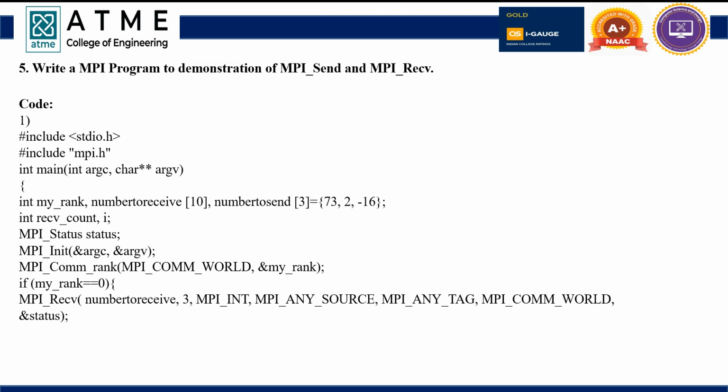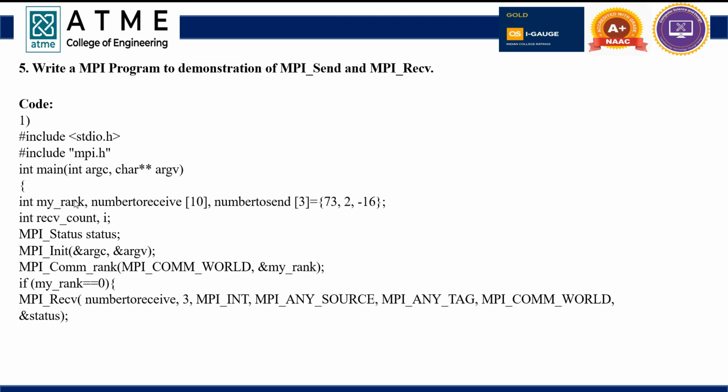So, int main with the integer argc and the character array argv. Now the integers my rank, number to receive and number to send are initialized. Number to receive is initialized to 10 and number to send is initialized to 3.